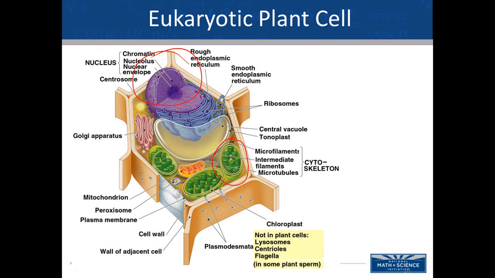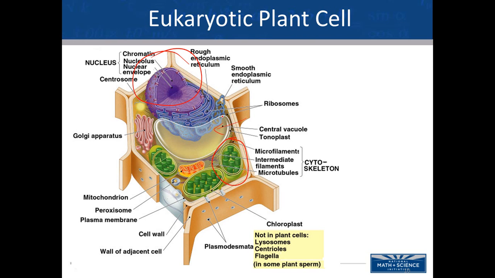However, I do want to warn you, not all plant cells have chloroplasts. If you are examining the tissue of a root, you're not going to find any chloroplasts there. Another difference is that plant cells have a large central vacuole, or most of them do, and that large central vacuole allows the plant cell to regulate water in the cell and remain turgid, if you will.